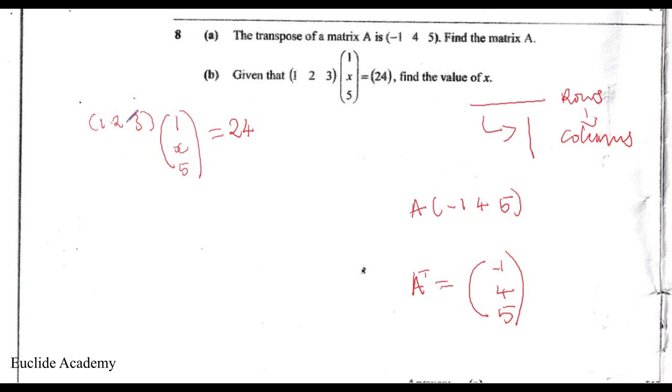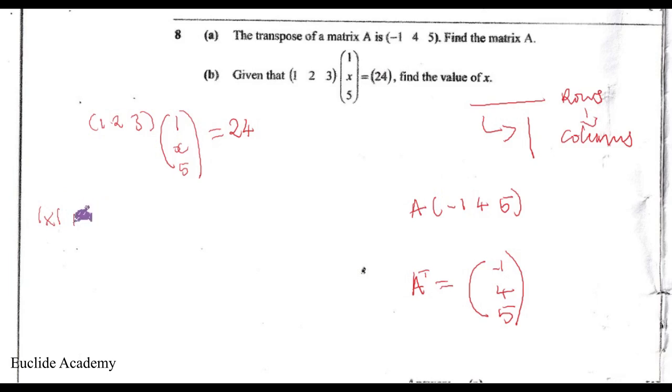So if I multiply this row times this column, how do we do that? The first value of the row, you multiply it with the first value of the column, which will be 1 times 1, right?